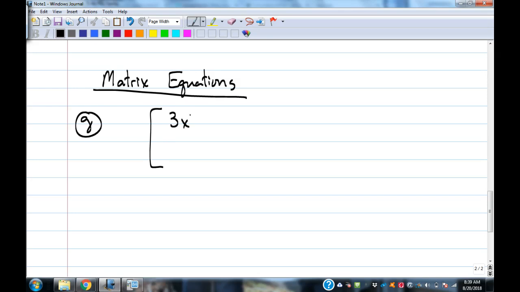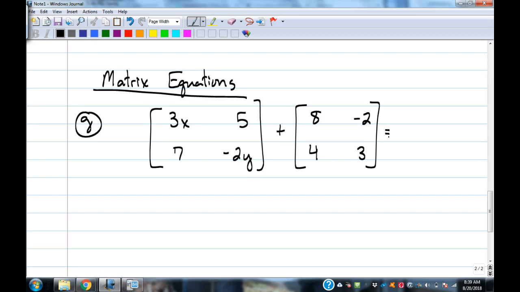Here's the first matrix: 3x, 5, 7, negative 2y, plus another matrix, 8, negative 2, 4, and 3. When you add those two together, you should get this third matrix, 11, 3, 11, negative 9.